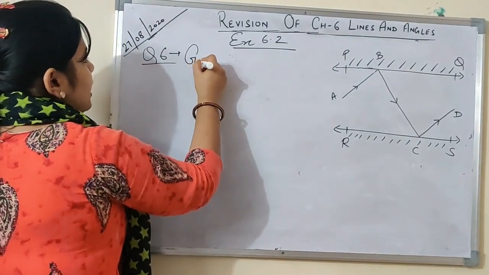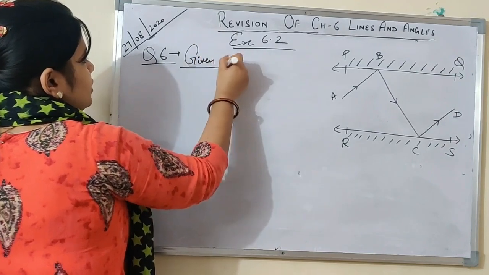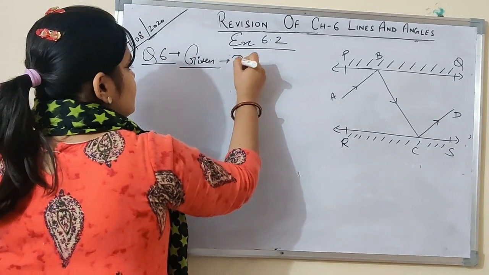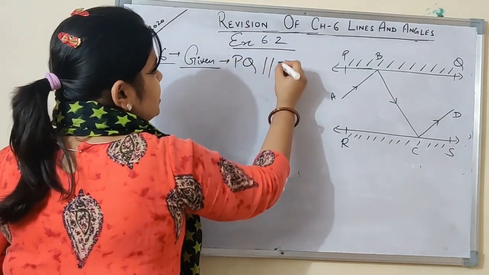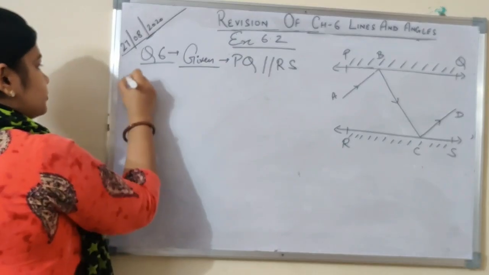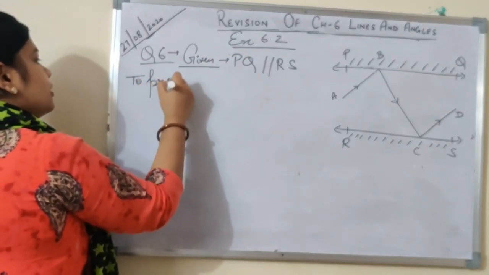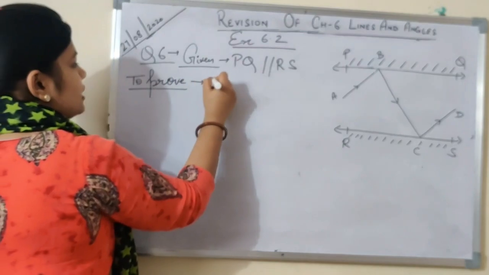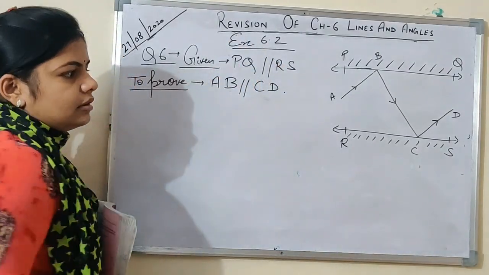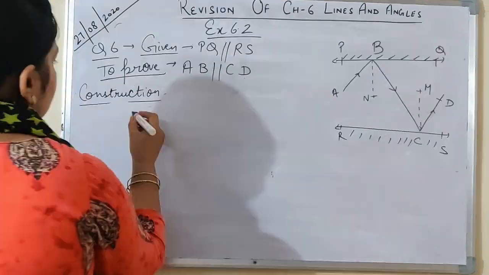Before this, I am first writing what is given according to the question. According to the question, it is clearly given to us that PQ is parallel to RS. After that, what we have to prove? Now we have to prove that AB is parallel to CD. Is this clear?